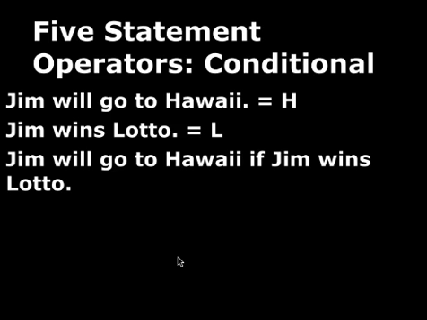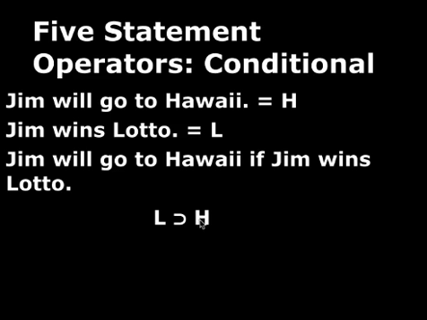What goes on the left of the horseshoe? It's always the antecedent. Well, which one's the antecedent? Is it H or L? Let me look for my code word. Here's "if." The thing following the "if" is Jim wins lotto. So L is the antecedent, so L is going to go on the left. The other statement goes on the right. So it's going to be L horseshoe H.